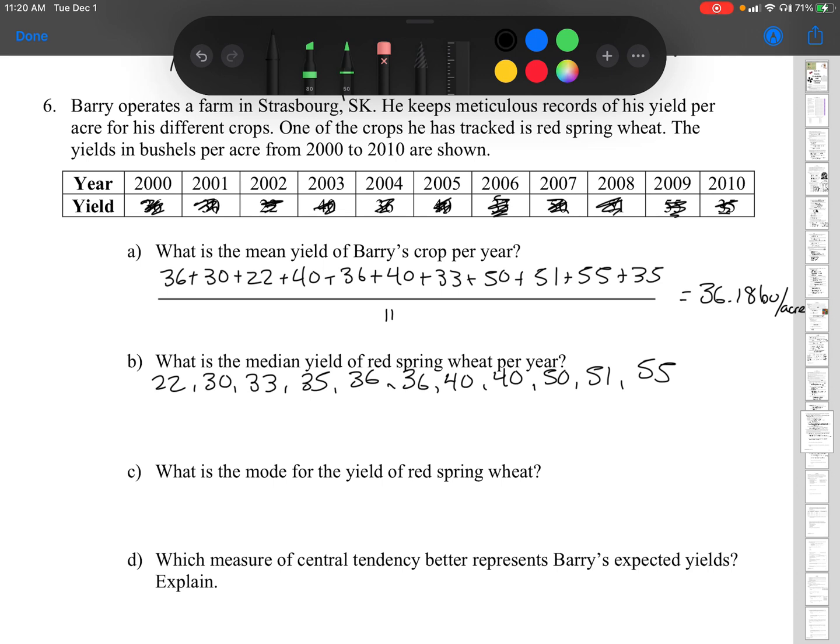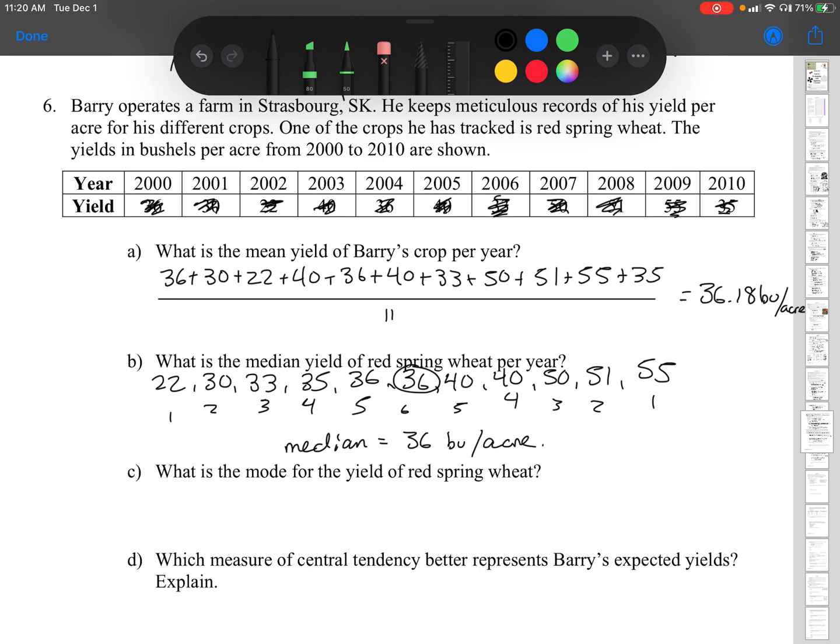Then that means that our middle number, 1, 1, 2, 2, 3, 3, 4, 4, 5, and 6 would be 36, so our median is 36 bushels per acre.